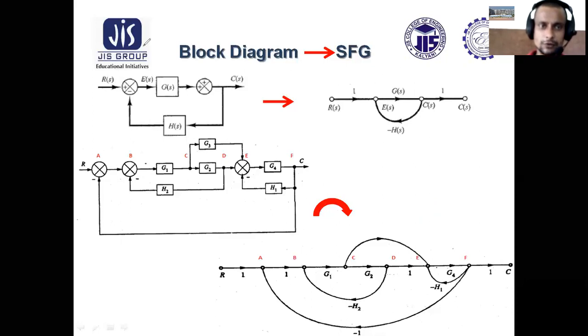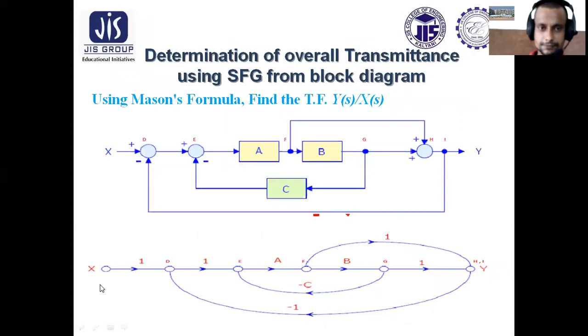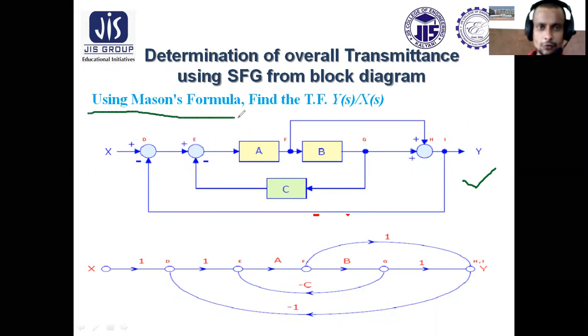So let us now move to the next slide. See here, one block diagram is given to us. We are asked to apply Mason's gain formula to find the transfer function. So here the output is Y, the input is X. So Ys by Xs will be the transfer function of the system.